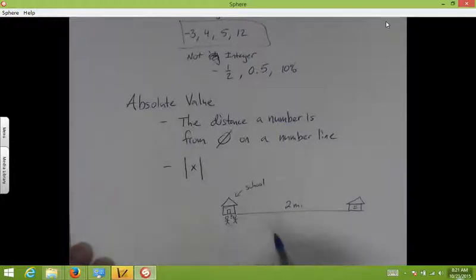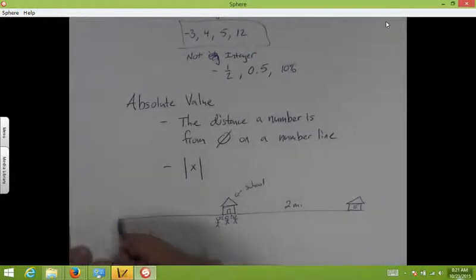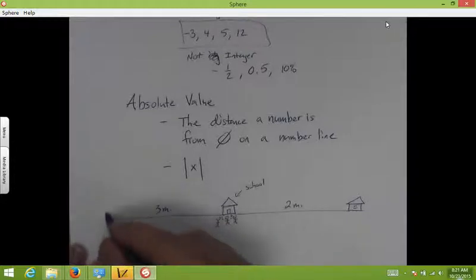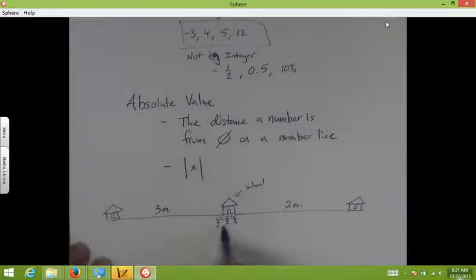Distance is always positive. If you talk to your other friend who lives in the complete opposite direction here, 3 miles. You say, "Hey, how far do you live from the school?" He'll say 3 miles. He'll never say, "I live -3 miles from the house." Distance is always positive.